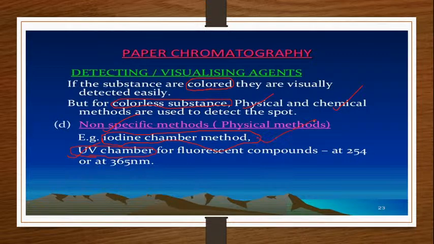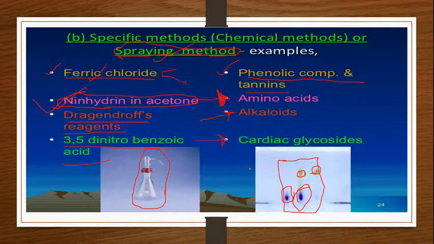The UV light will show you how many spots are there with respect to the reference, sample 1, sample 2, sample 3. And this has a major advantage: it does not result in destruction of the sample. So you can go for non-destructive methods rather than a chemical method. But if you know your compound is only alkaloids, then go for Dragendorff's reagent.